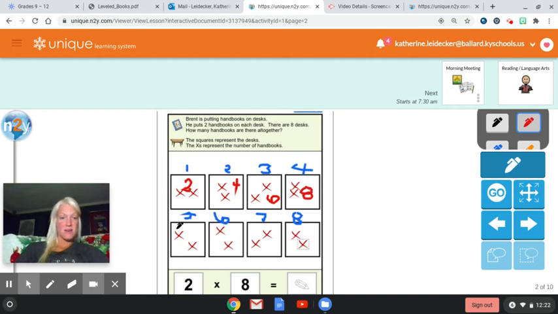So 8, 9, 10, 11, 12, 13, 14, 15, 16. So we know now that there are going to be 16 handouts because our question asks, how many handouts are there all together?